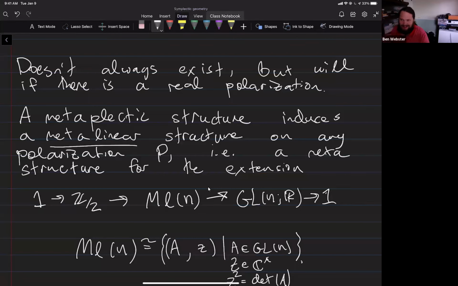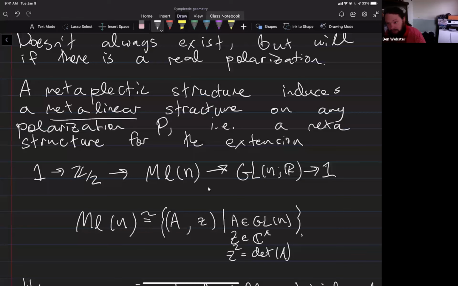And that gives you a further reduction of structure group. And using that, you can show that this polarization also has a meta structure, for this extension involving the metalinear group.